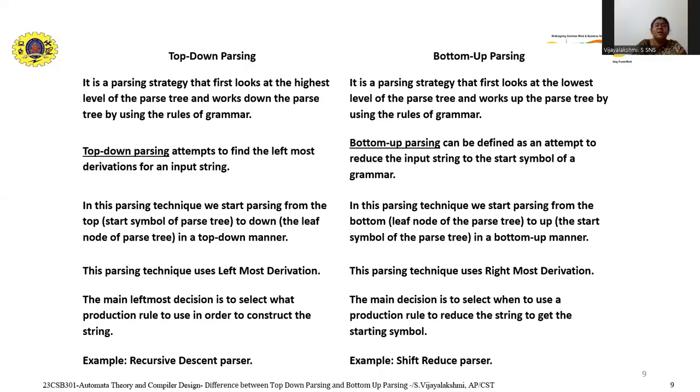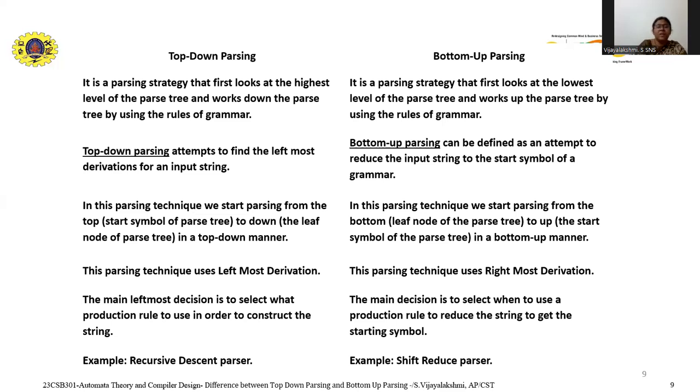Here the parsing technique starts from top to bottom, the top-down manner. Here parsing starts from the bottom leaf node up to the root, the bottom-up manner. Here the technique uses leftmost derivation; here rightmost derivation.